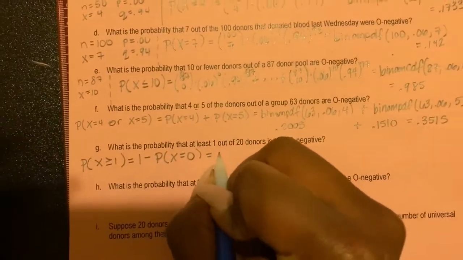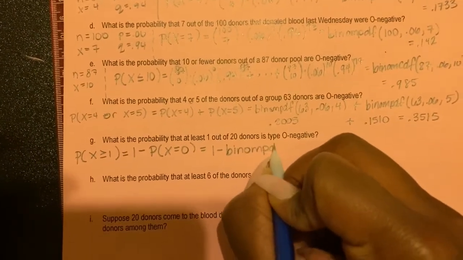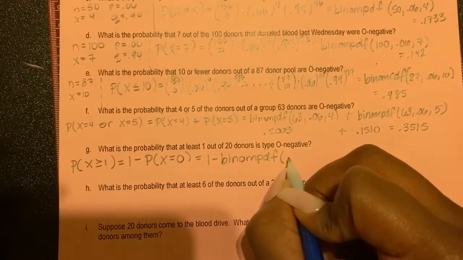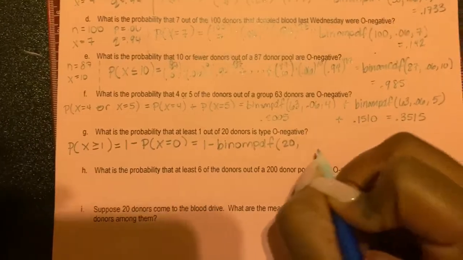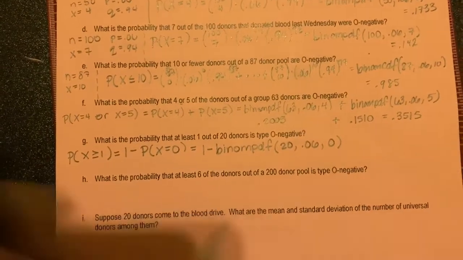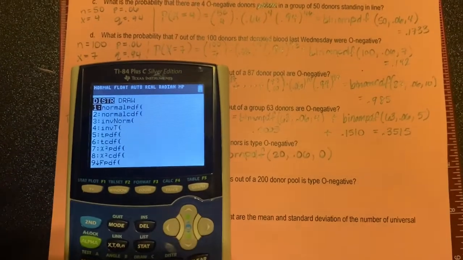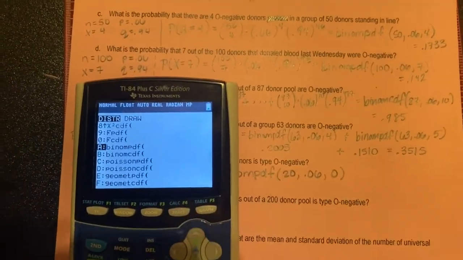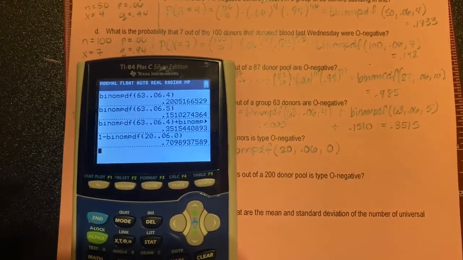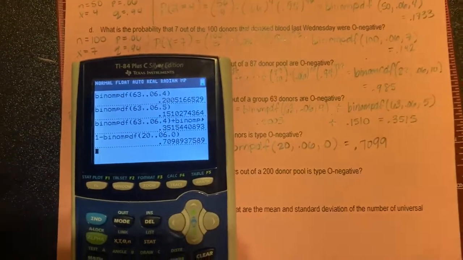And so this becomes 1 minus the binomial PDF of, let's see, 20.06 and 0. So 1 minus, I'm going to do my distribution, 20. So this gives me 0.7099. Okay.